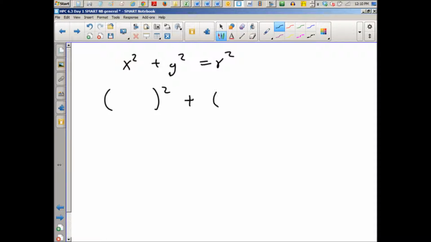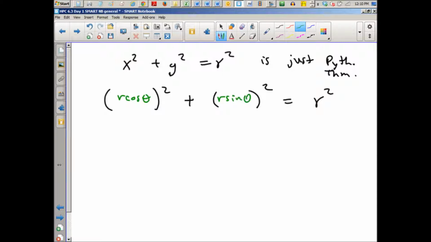We're going to create a new rule. By the way, this is just the Pythagorean theorem. I'm not even going to argue with that. There's 250 proofs for it, at least. Everyone knows it, so I'm not going to prove it myself. But we'll start with that fact, and we'll substitute in r cosine theta and r sine theta to see if we can generate a new fact.